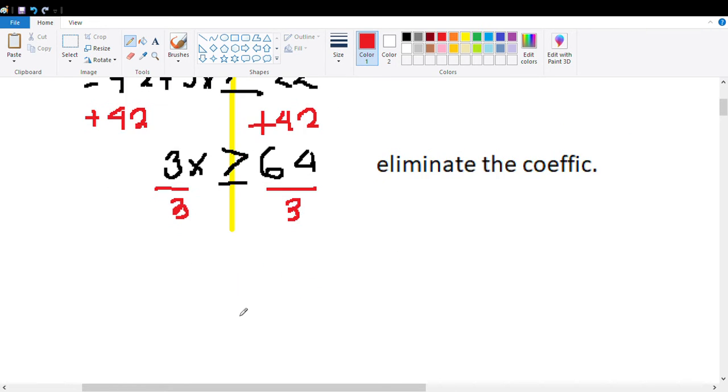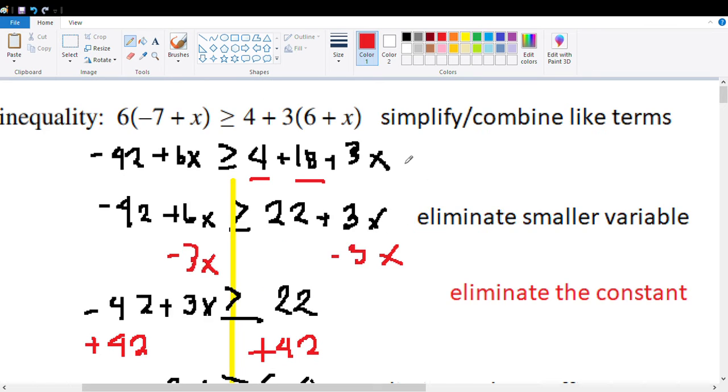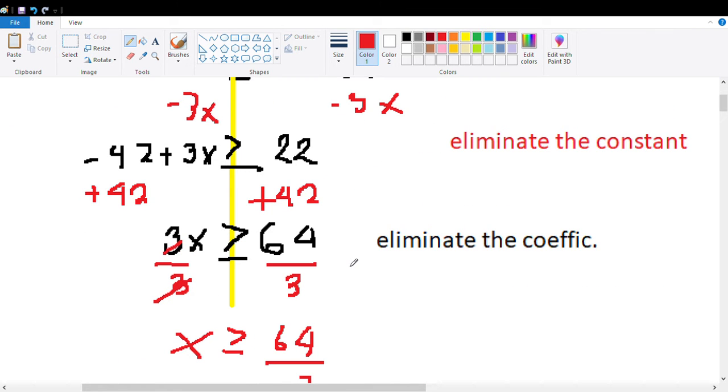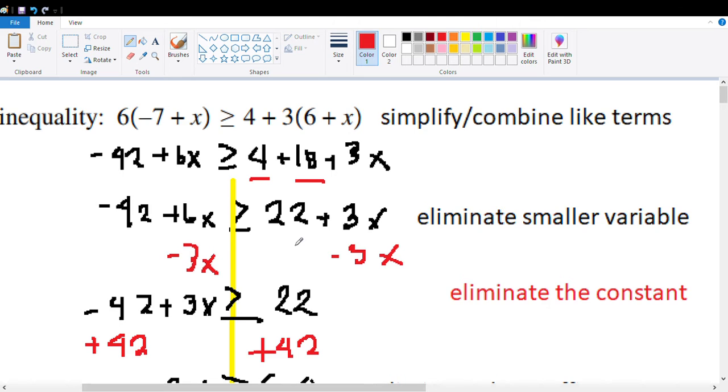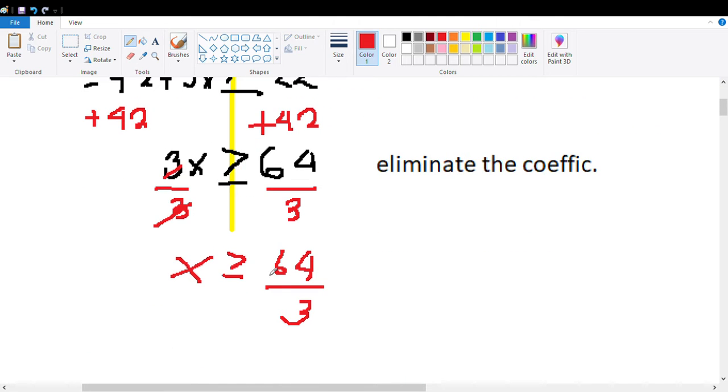You're going to get x is greater than or equal to 64 over 3. The 3 comes down. Again, you guys don't have to change that to a mixed number or decimal. You can just leave it as a fraction. And your answer is x is greater than or equal to 64 over 3.